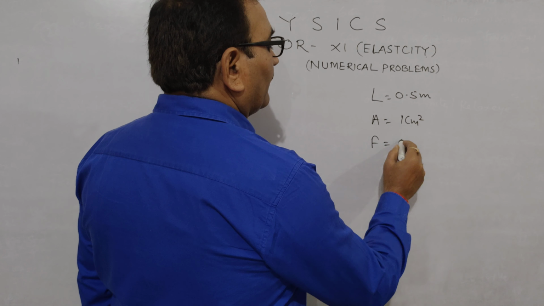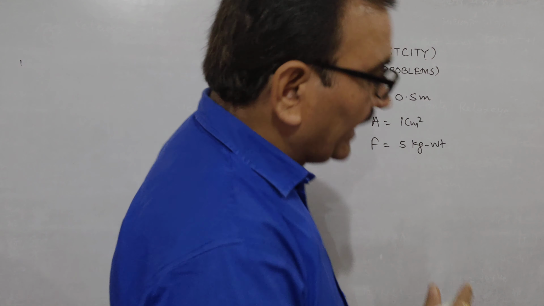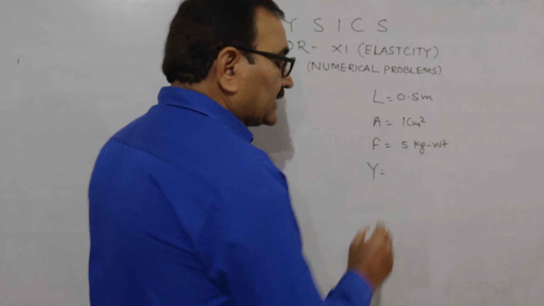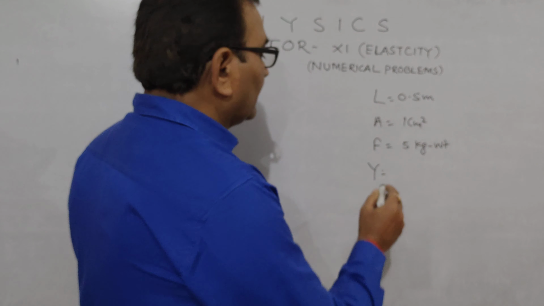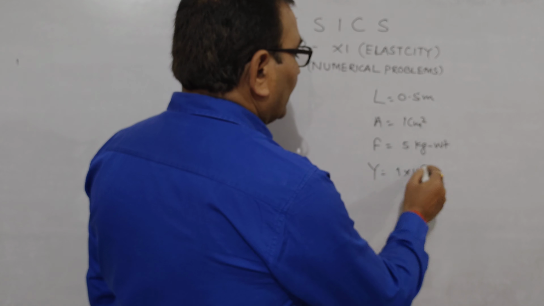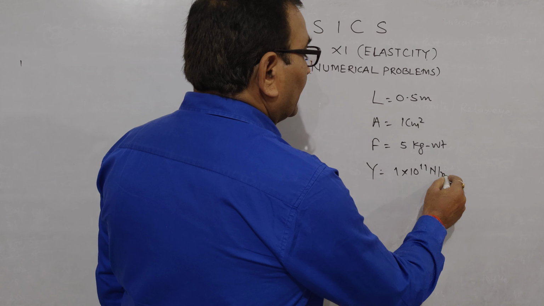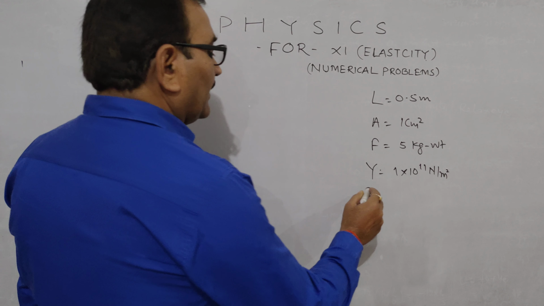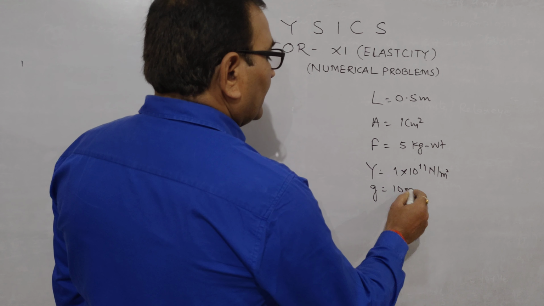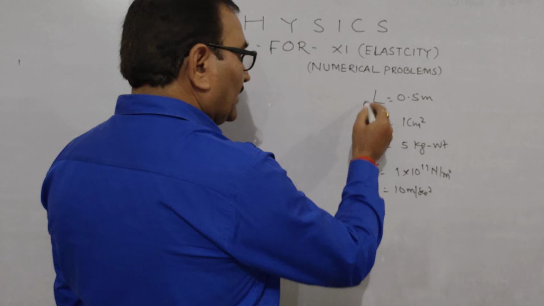This is the force which we apply in compression. Either apply the force or suspend some weight along its length. Y, that is Young's modulus, is given as 1 into 10 to the power 11 Newton per meter square, and g is taken as 10 meter per second square.